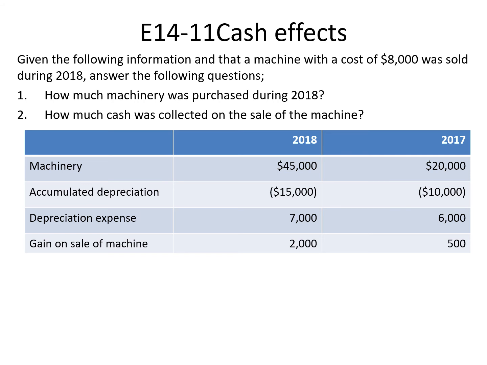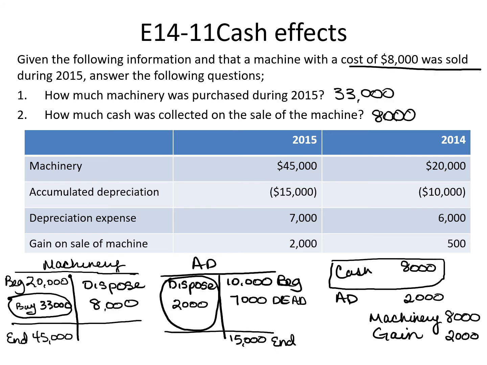All right, here's one where it's CSI accounting. They want to know how much machinery was purchased during the year and how much cash was collected from the sale of the machinery. So you're going to reconstruct your T accounts here and find the missing numbers. So for machinery, we find that beginning machinery is 20,000.